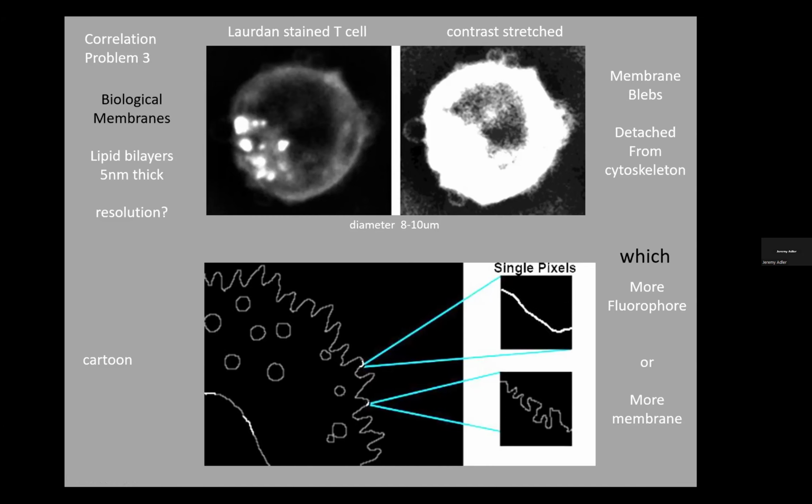So if we consider 2 fluorophores that are randomly distributed, in this picture, there will be more of both, even though they're both randomly distributed. In this one, if they were both randomly distributed, there will be less of both. So we create a correlation simply because individual pixels have more or less membrane present.